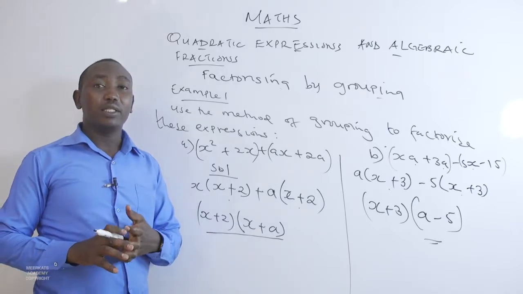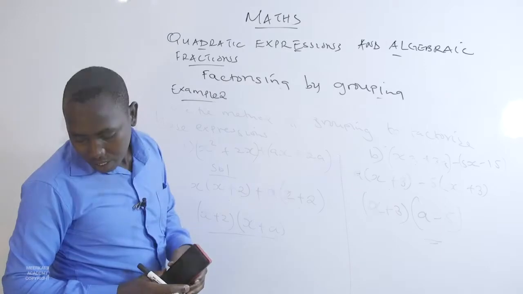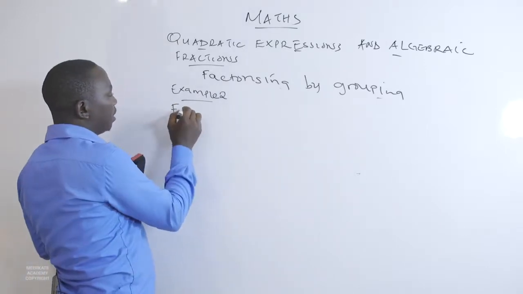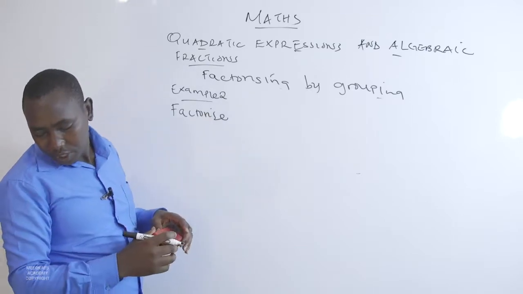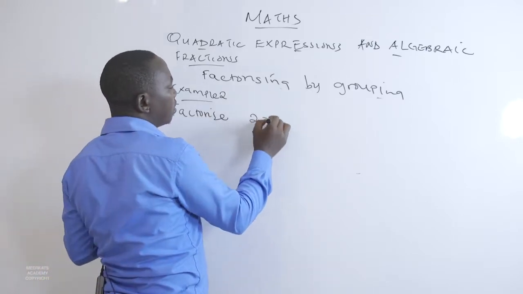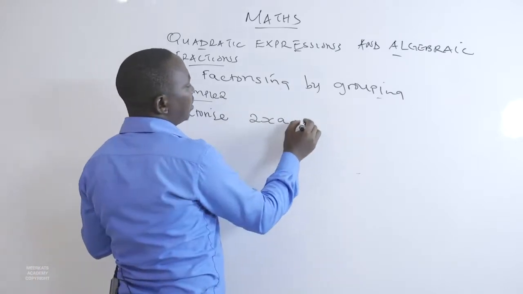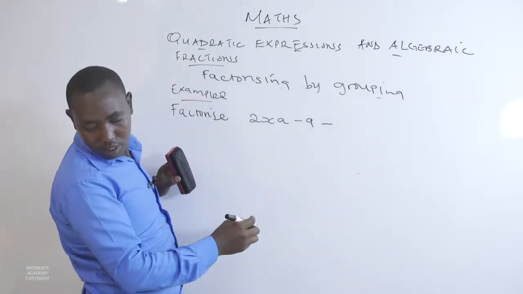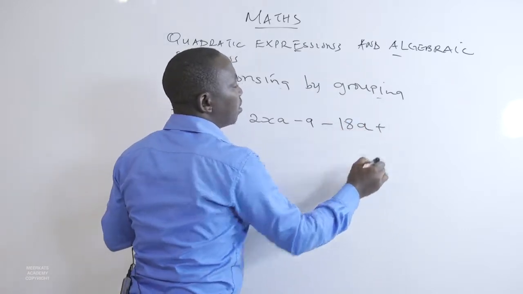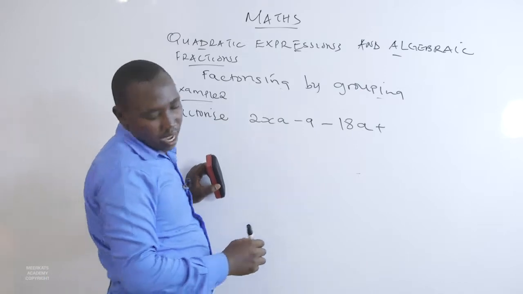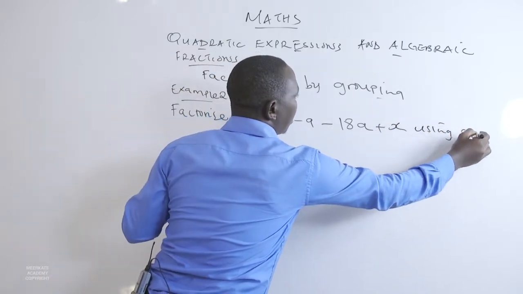Let us look at a case where you need to first do the rearrangement. Factorize, example 2: 2xa subtract 9 subtract 18a add x using grouping.